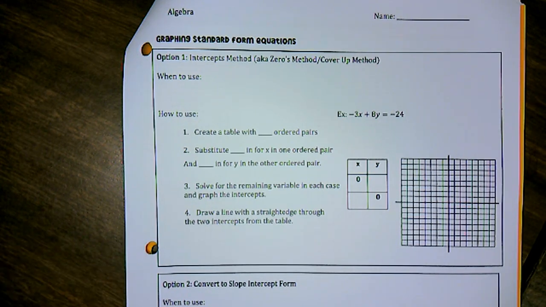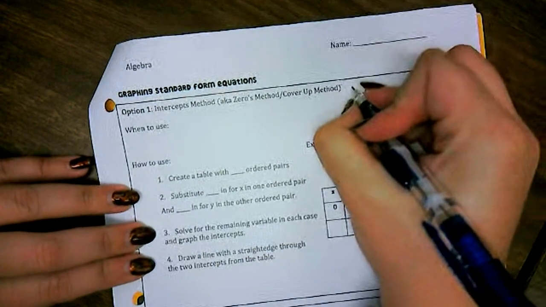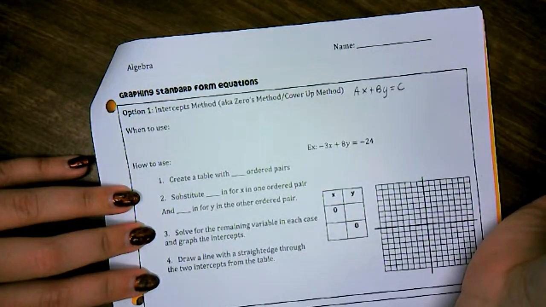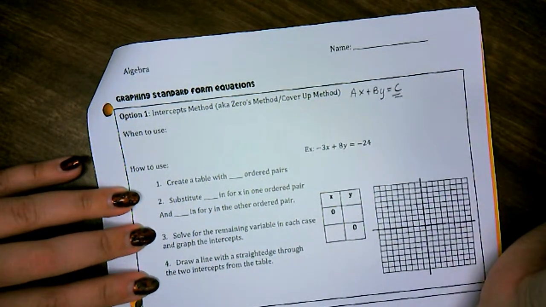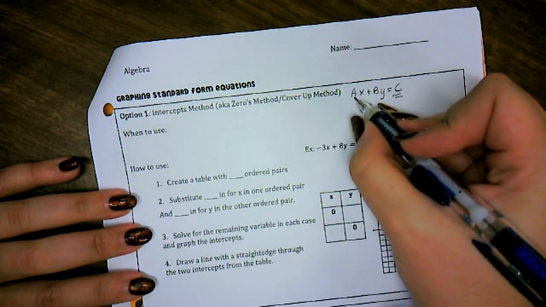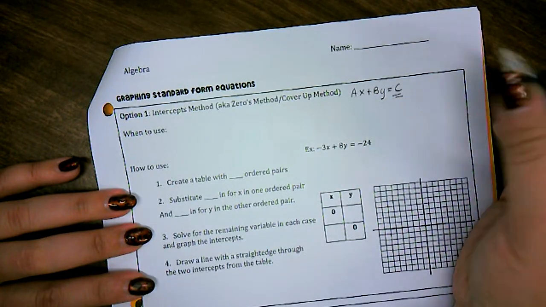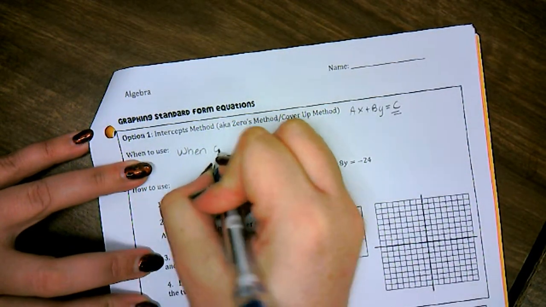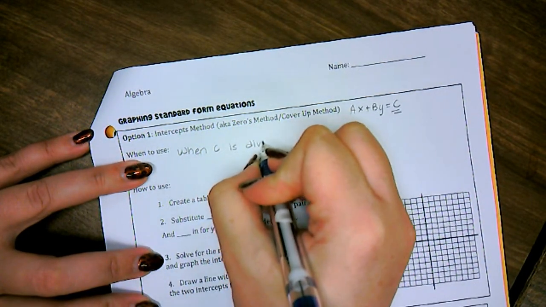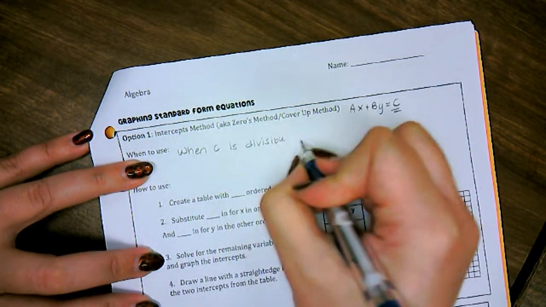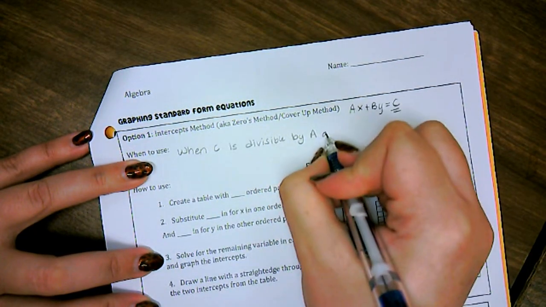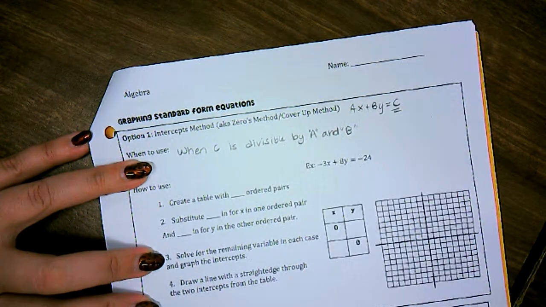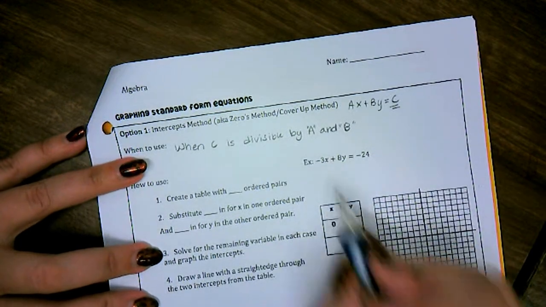Option number 1, graphing with intercepts. When do we want to use it? If you remember our form, we want to use it whenever C can be divided evenly, or nicely, as sometimes I say, by A and B. Okay, so we're going to use it when C is divisible by A and B. Okay, here's a good example.